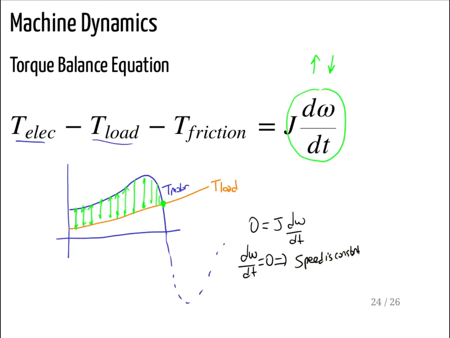Or somehow, if you are operating at a condition with negative torque, then dω/dt will be negative. Negative dω/dt means your machine is reducing its speed. Its derivative is negative, so it's reducing its speed.